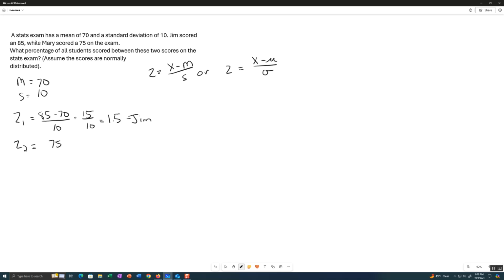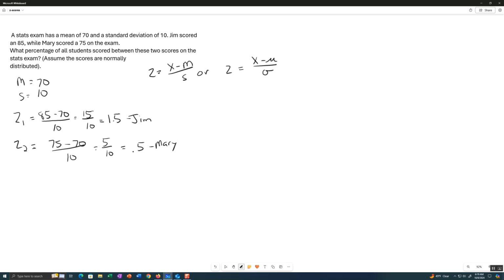Those are the z-score formulas. So z2 is 75 minus 70, once again over 10. So this is 5 over 10, which is 0.5, and that's Mary.